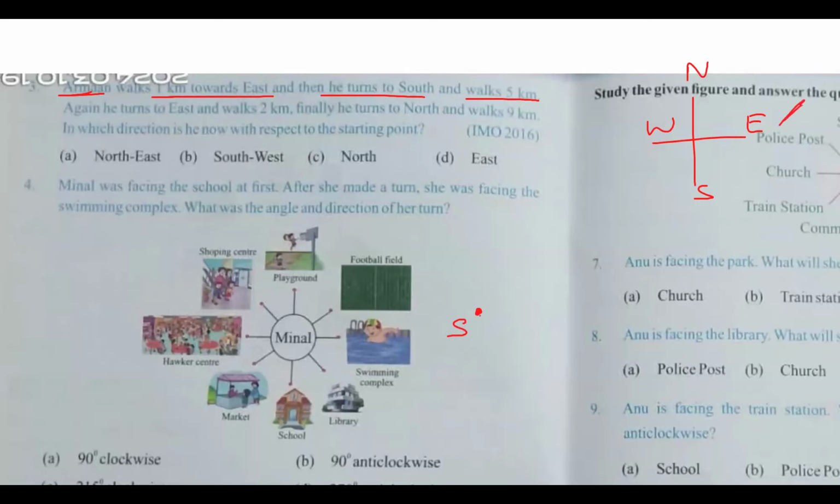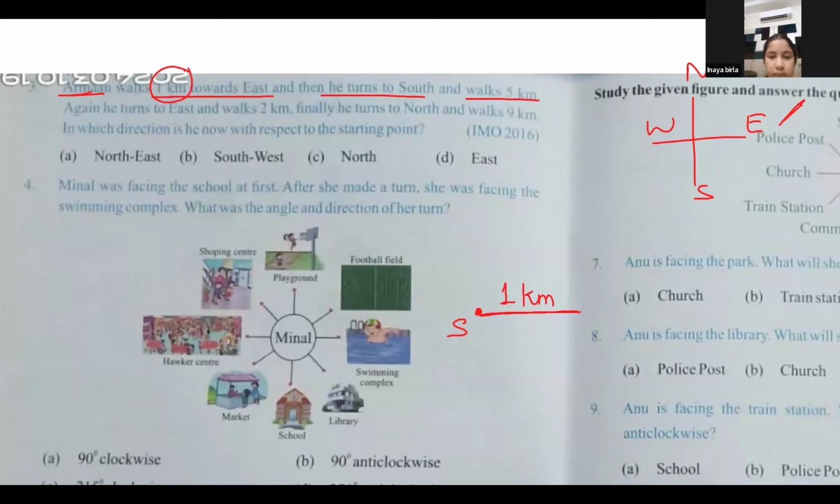So we'll draw a line like this. And how many kilometers has he walked? 1 kilometer. So we'll write 1 kilometer above this line to denote how many kilometers he moved. Now he has reached this point.